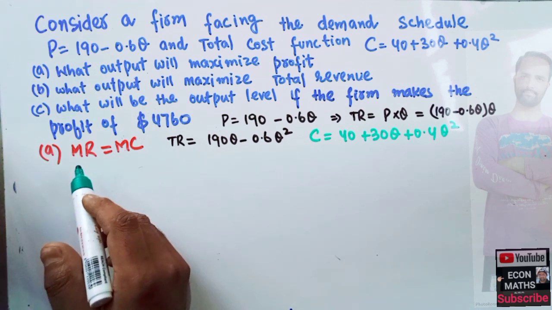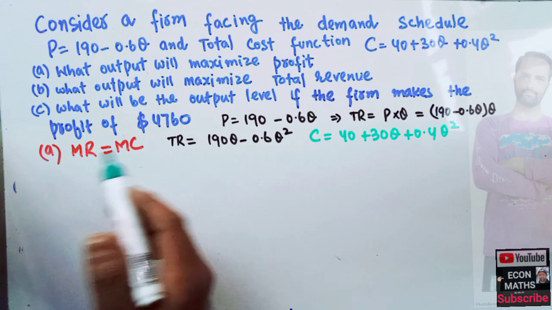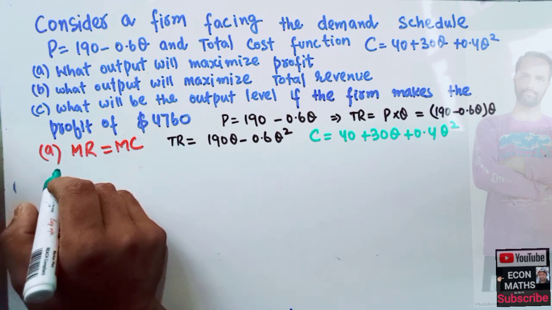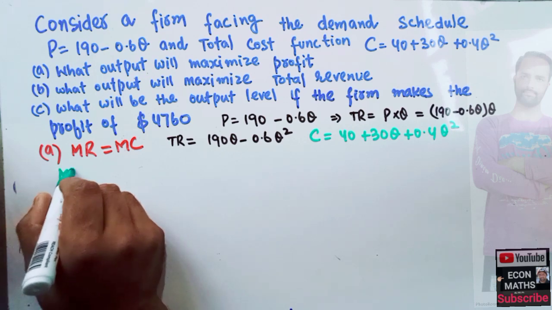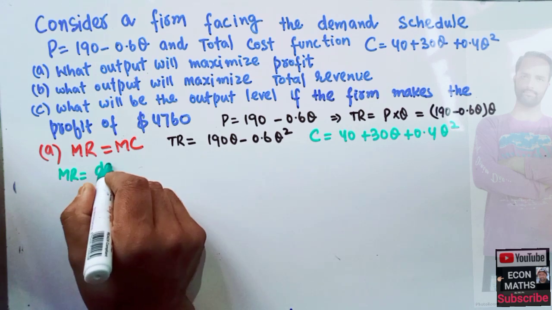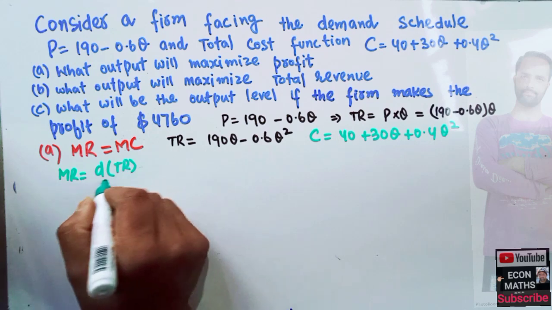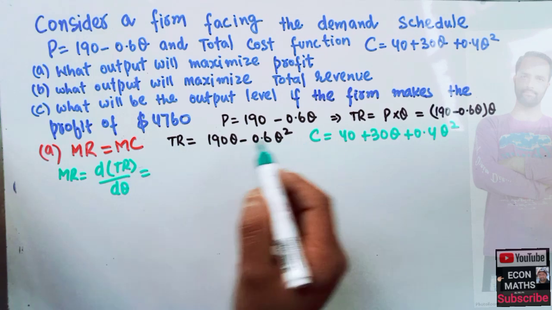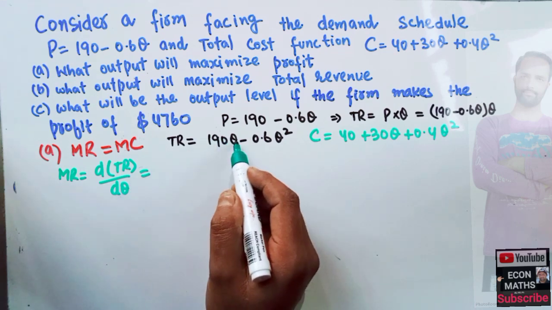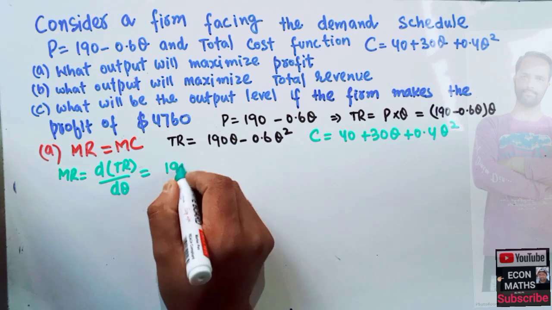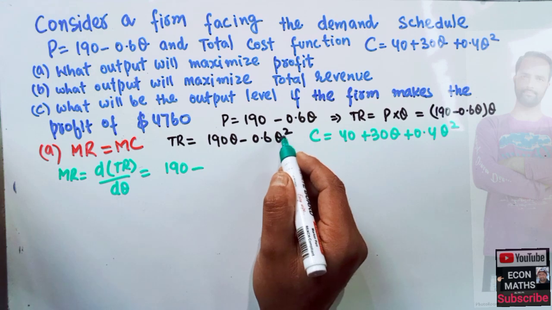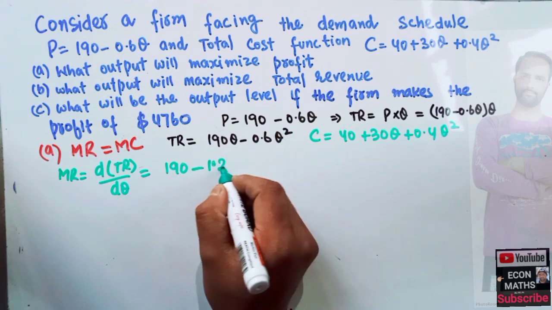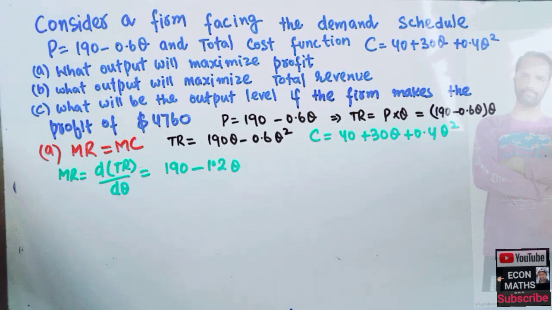Marginal revenue is simply the derivative of the total revenue function with respect to output. So this is our total revenue function. Its derivative with respect to Q will be, the derivative of Q is 1, so we are left with 190. Here the derivative of Q square is 2Q, so 2 into 0.6 is 1.2Q. This is our marginal revenue.